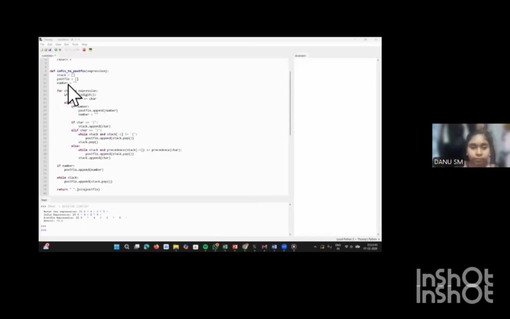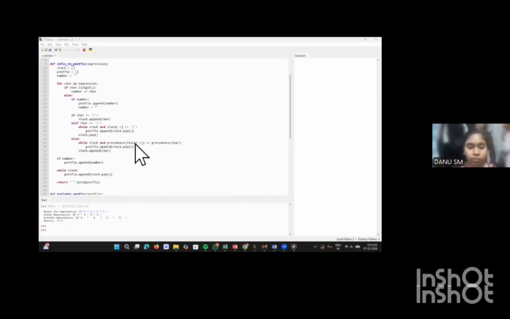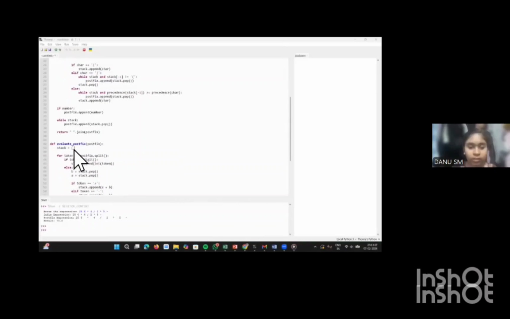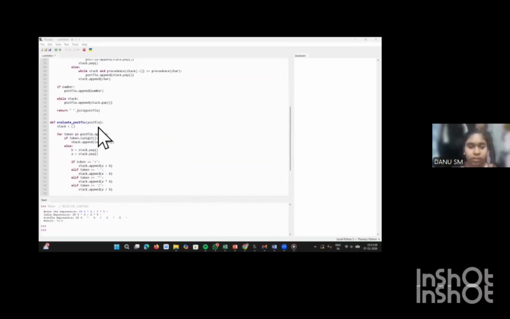A loop is set for checking all the operators or operands coming from the expression, and every character is checked, and based on the operator and operands, the function which needs to be performed is done, like popping or pushing the item into the stack, and then it evaluates the postfix expression which is converted.